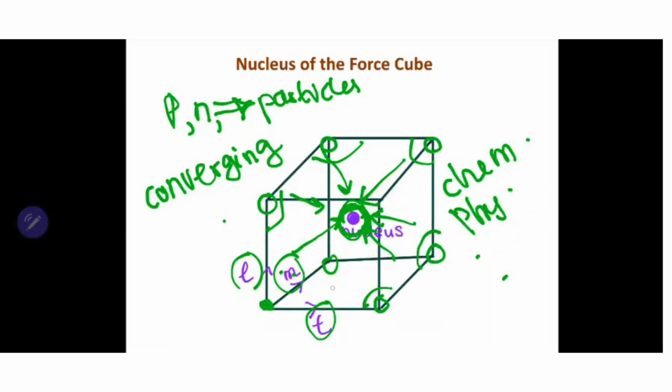You must be wondering. You will get confused how this could happen. The nucleus is attracting each vertex, but then each vertex remains unchanged.